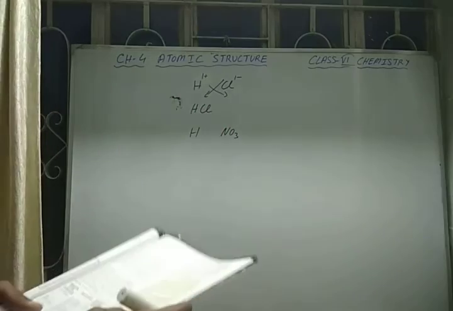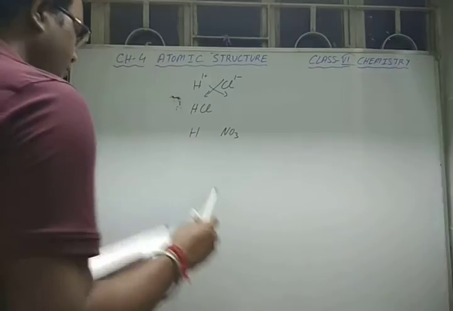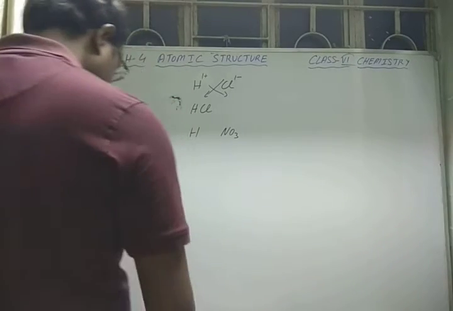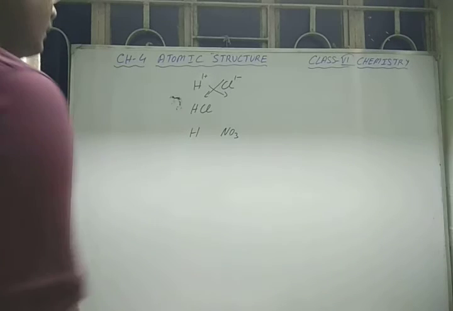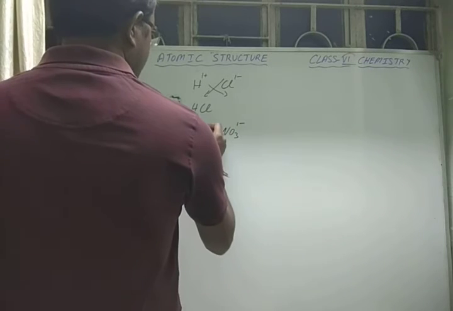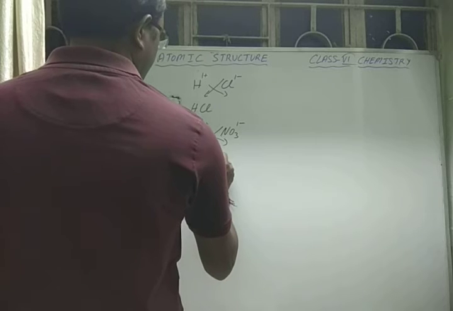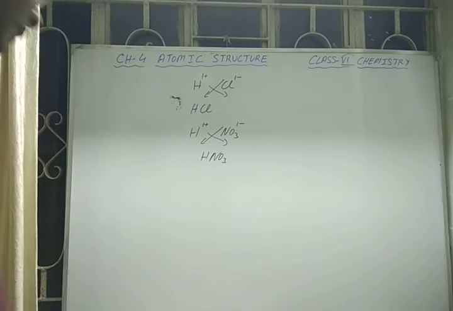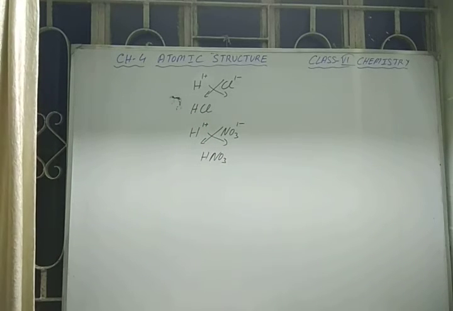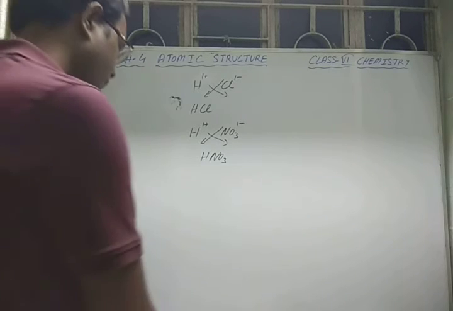Now see, when it combines together, the valency of nitrate is again 1 minus, and hydrogen is 1 plus. So when you do the crisscross, it will become HNO3.